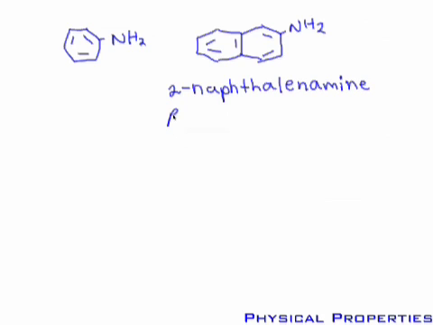Common name is beta-naphthylamine or naphthylamine. Many of these are toxic and very readily absorbed through the skin. And molecules like beta-naphthylamine are carcinogenic.